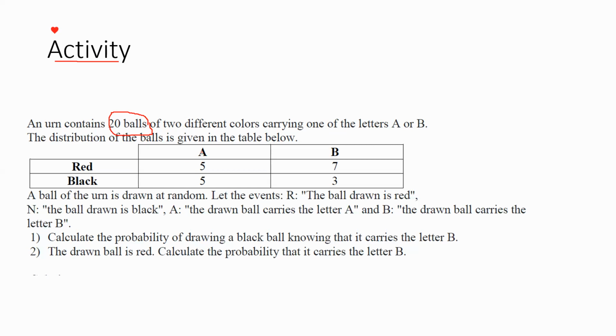Red: there are 5 A and 7 B. Black: 5 carry the letter A and 3 carry the letter B.